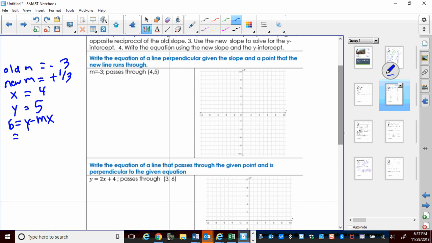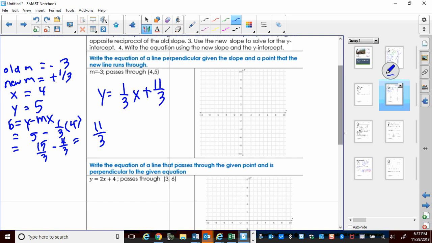That means b equals y minus mx, 5 minus 1/3 times 4, or let's see, 15 over 3 minus 4 over 3. This equals 11 over 3. My equation that's perpendicular to that is y equals 1/3 x plus 11 thirds.